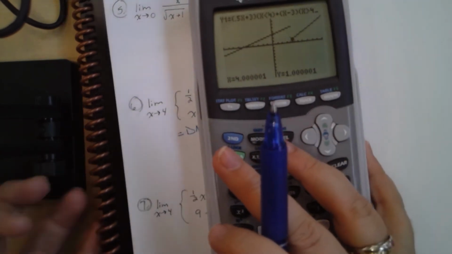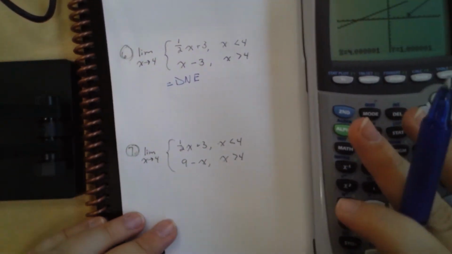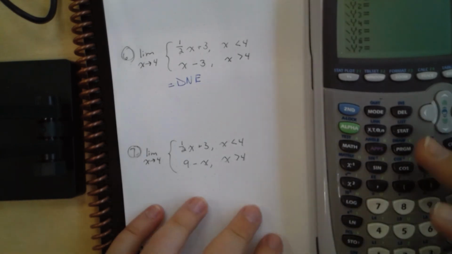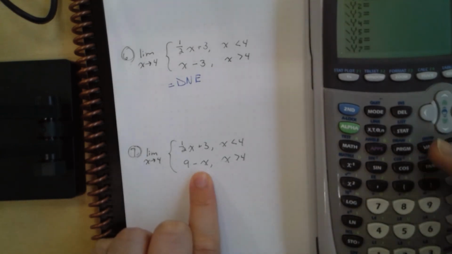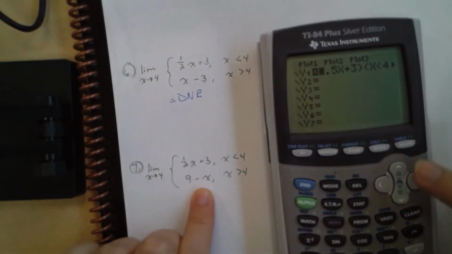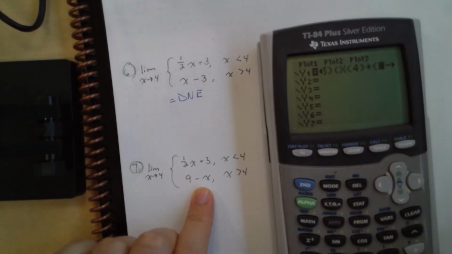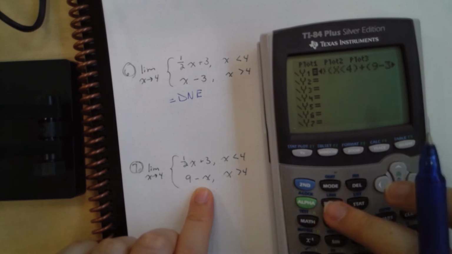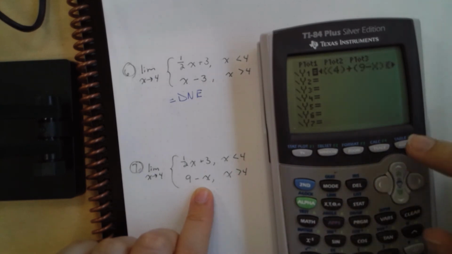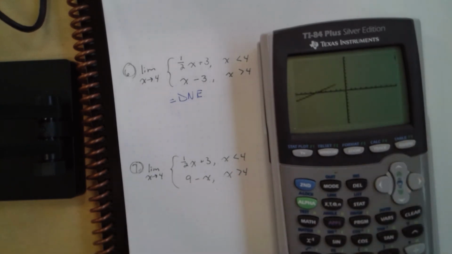All right, let's do number 7, our last example. Very, very similar. It looks like all we have to do is change our last equation here, so I'm just going to go in and do that rather than retype everything. I'm going to have 9 minus x, and I graph this. Now I've got what looks like sort of an absolute value function.